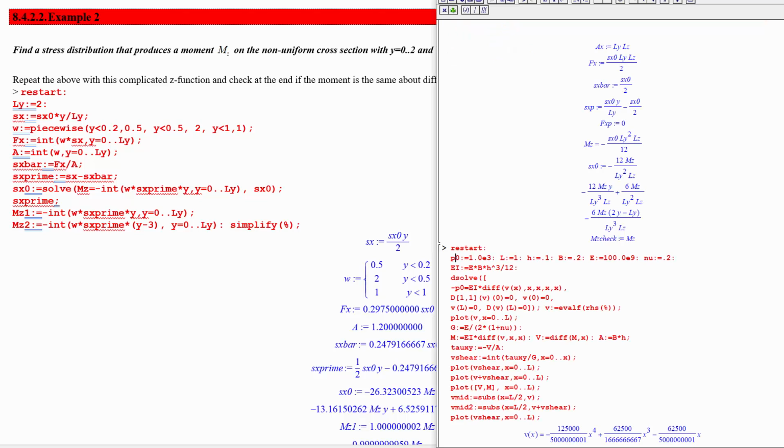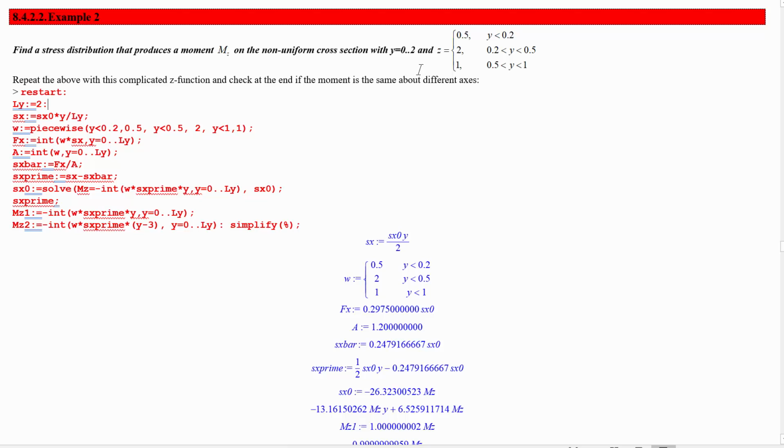So that formula might seem nice and convenient, but it is not so great if we have a non-uniform cross-section, right? We've got a cross-section that is not a rectangle. What if we have a cross-section that goes from y is 0 to 2, and z has a thickness, the width, of 0.5 from y is 0 to 0.2, and 2 from 0.2 to 0.5, and really the width is 1 from 0.5 to 1.